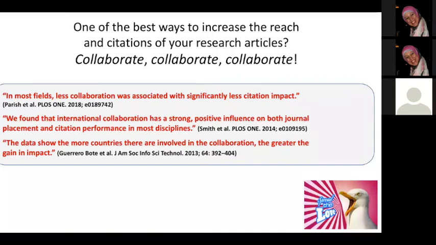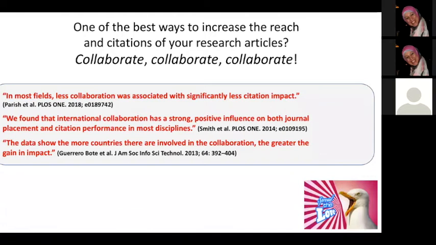But if I publish a paper with Naran, with Dina, with a bunch of other people from around the world, different research groups, let's say 8 people on our publication, then when the paper gets published, 8 authors have a much bigger research network than just me on my own. More people are going to know about the paper, more people are going to download it, more people are going to cite it. The more countries involved in the collaboration, the greater the gain in impact.